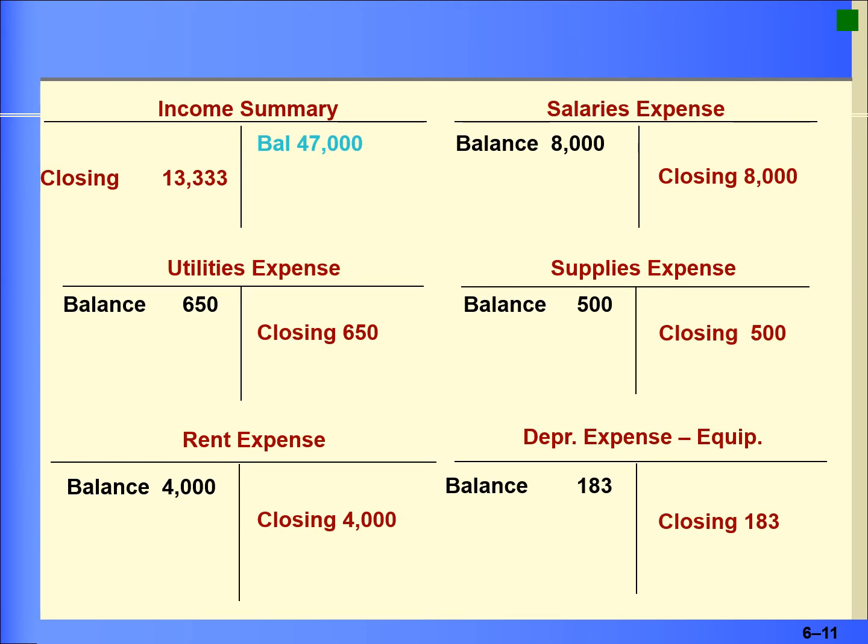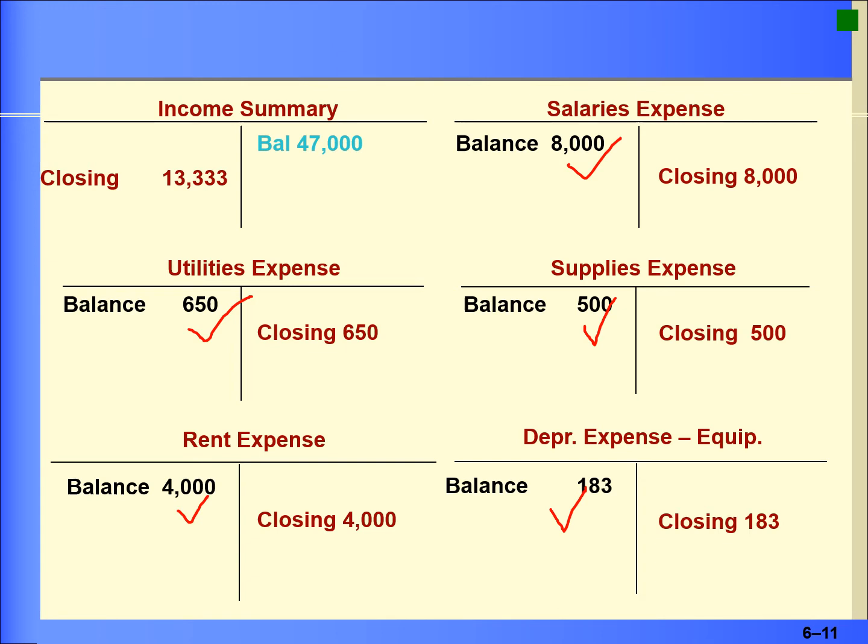And so notice, here's your ledger format. You've got salaries expense $8,000 debit, utilities expense $650 debit, supplies expense $500 debit, and so forth. So in black, you can see you've got all the balances. And when we start to close these out, notice the closing is going to go on the credit side of these expense accounts.